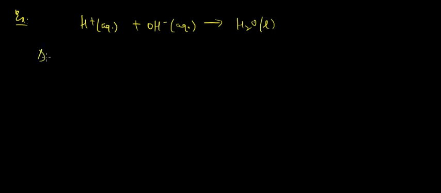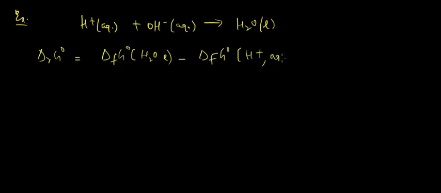Okay, so delta R G naught for this reaction can be written as delta F G naught H2O liquid minus delta F G naught H+ aqueous minus delta F G naught OH- aqueous.